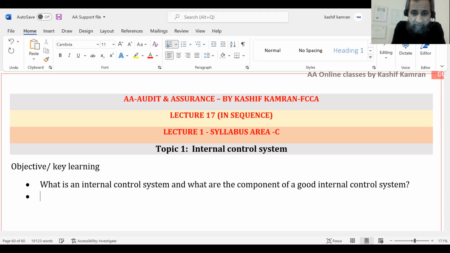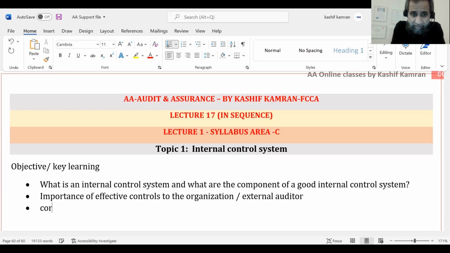That's the first learning. Then the importance of effective controls to the organization, and the importance of effective controls to the external auditor.